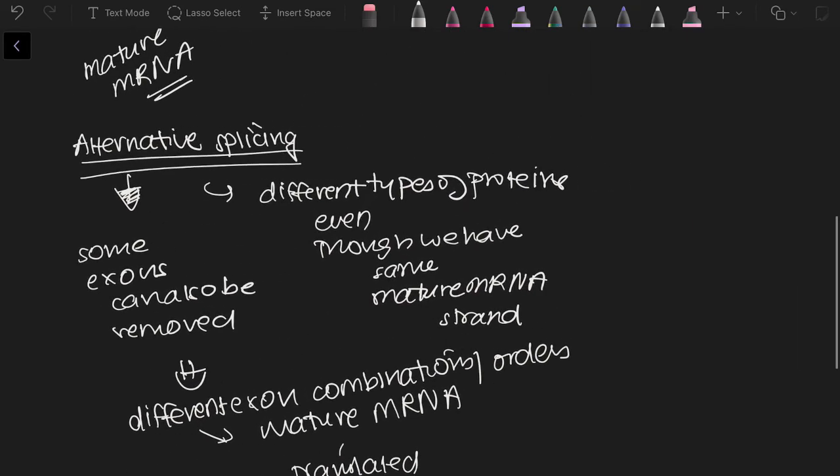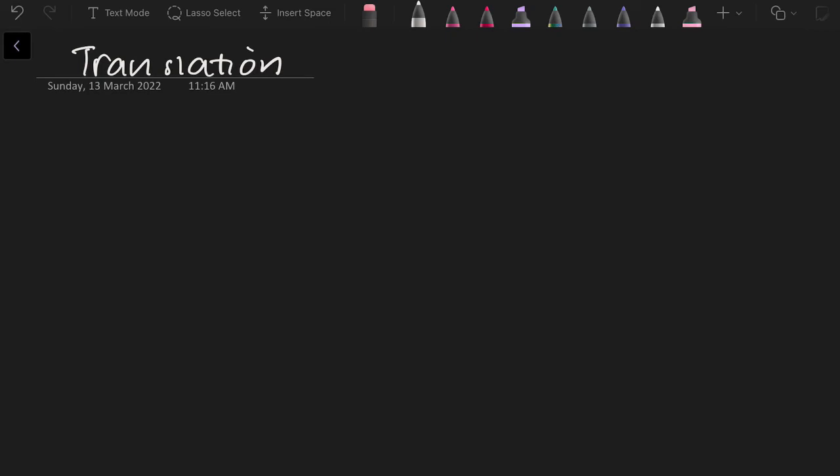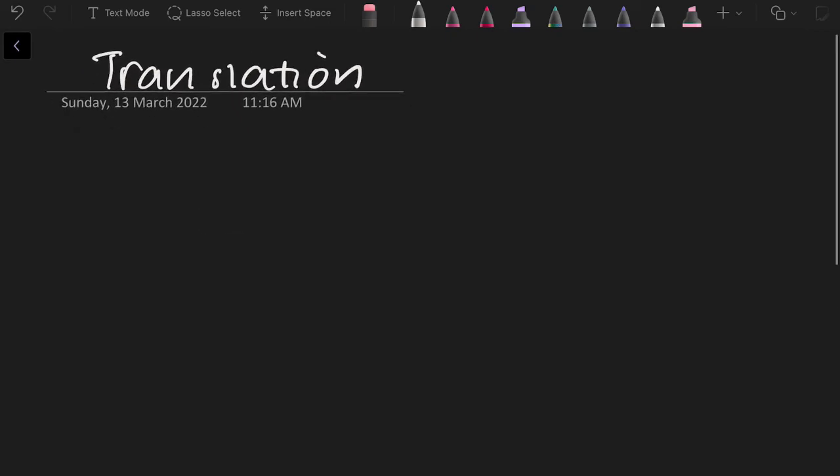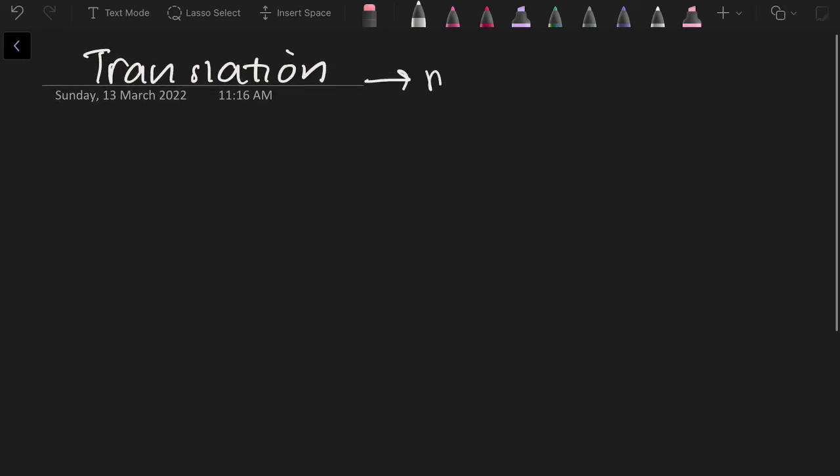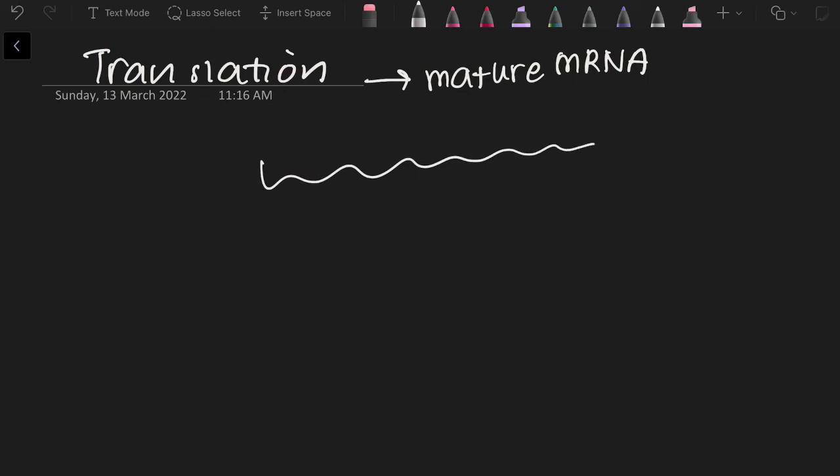All right, moving on to the next concept, which is translation. Now for translation we need to know each and every step. So now we have our formation of mature mRNA. The mature mRNA, remember, contains a 5' end and a 3' end.